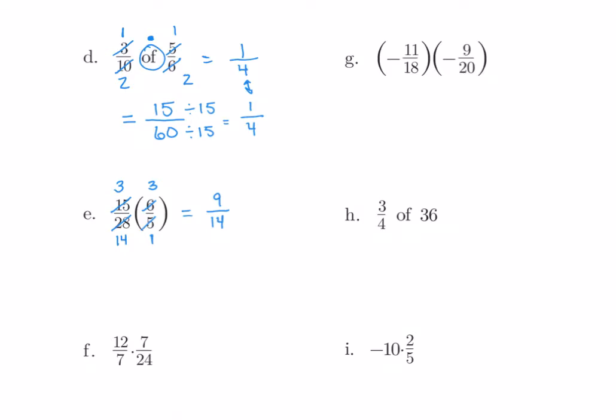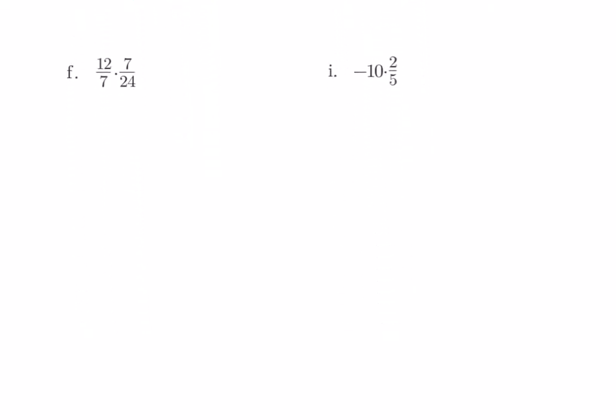Let's try some more. Let's look at example F. Same thing again, I want to cancel common factors. First one I see is 7 and 7 are both divisible by 7, so we get 1 and 1. What about 12 and 24?